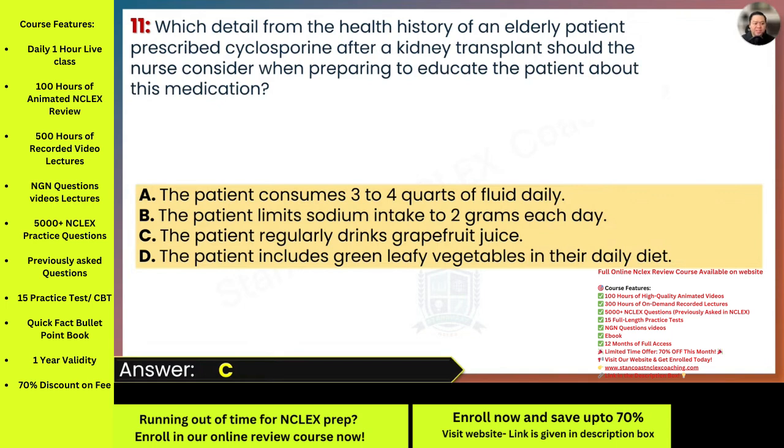And so with this type of question, I want you to be on the lookout for specific drug interactions that can affect the client's safety or efficacy of the medication. And so again, grapefruit can increase the levels of the cyclosporine in the bloodstream.